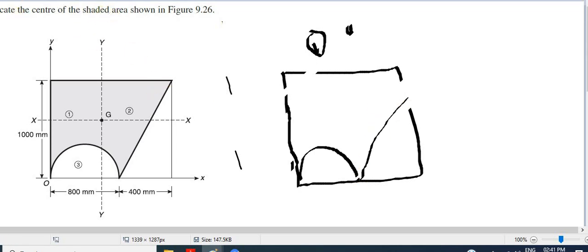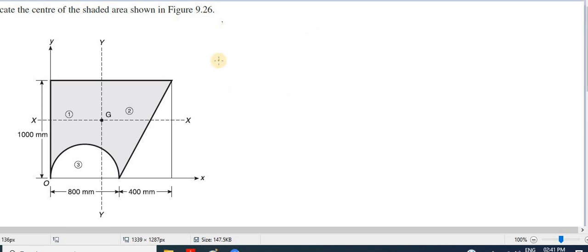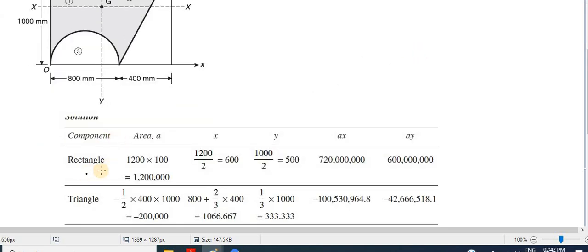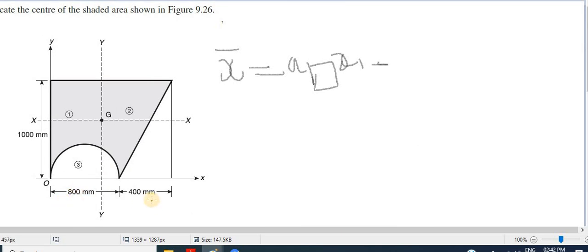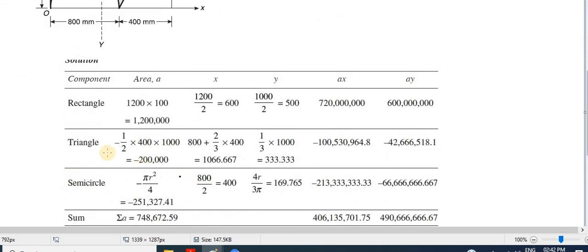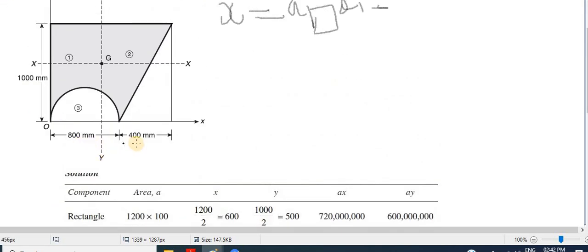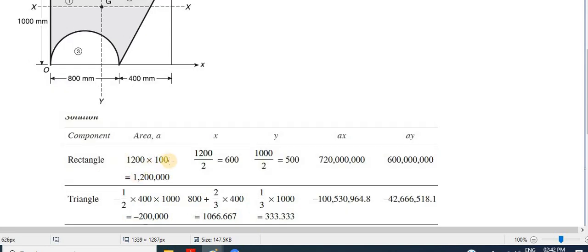Okay, we'll see that formula. So what is the formula for X bar? It is equal to area of the big rectangle, A1, X1, minus A2, X2. The big rectangle is 1200 multiplied by 1000.